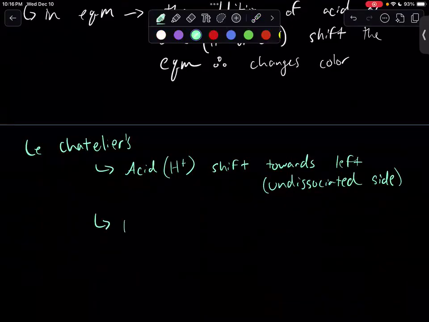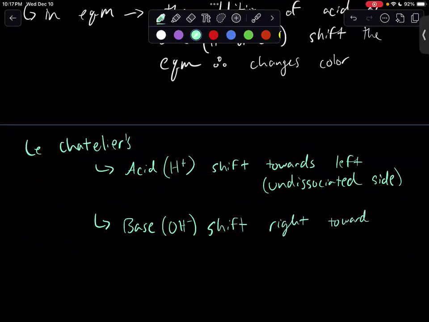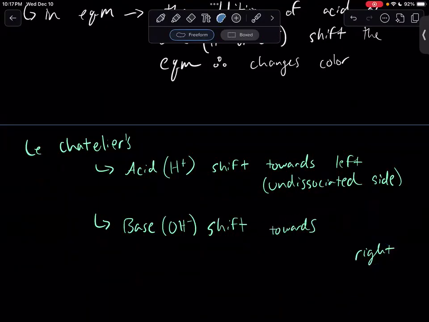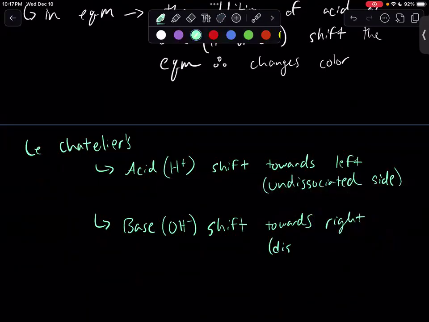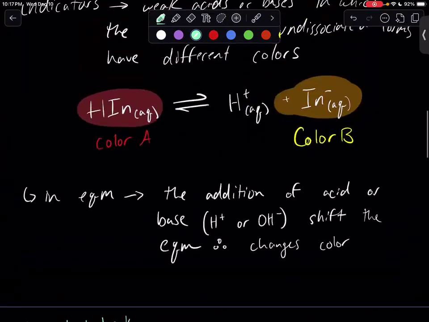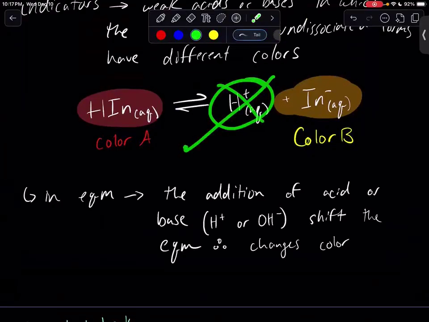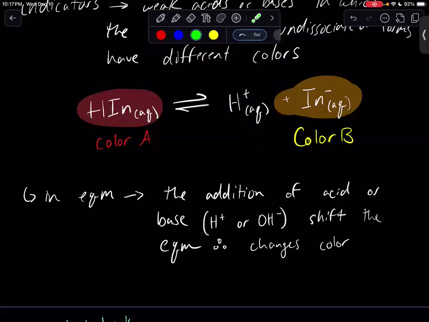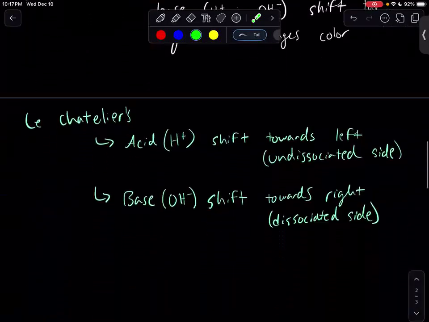Meanwhile, if we add a base, OH minus, that would remove the hydrogen and shift right, towards our dissociated side. So using Le Chatelier's principle, as we remove hydrogen, we will continue to produce more of our dissociated form to add hydrogen back. We're trying to resist the change. That is what Le Chatelier's told us.